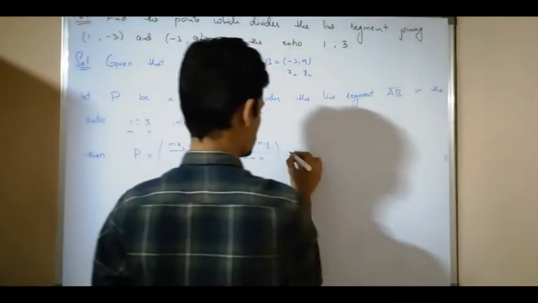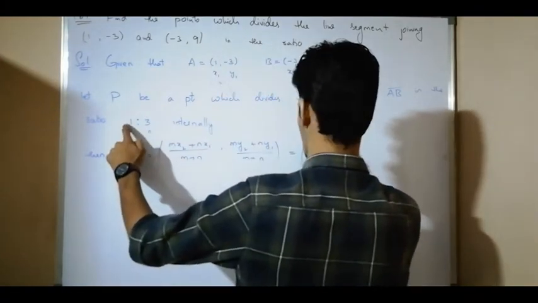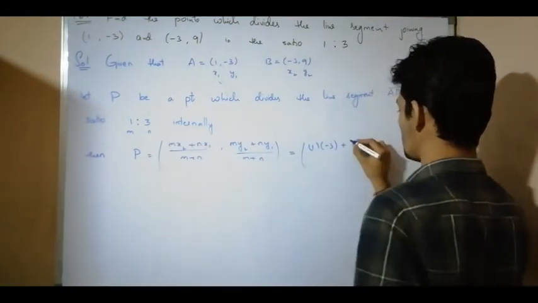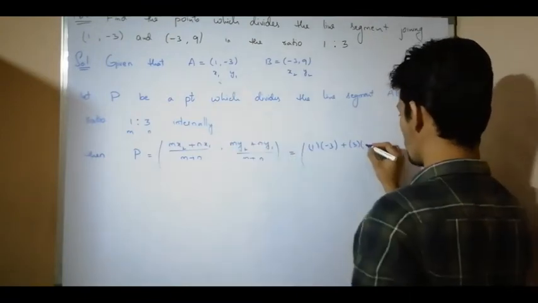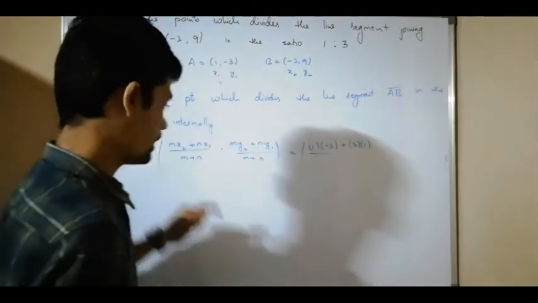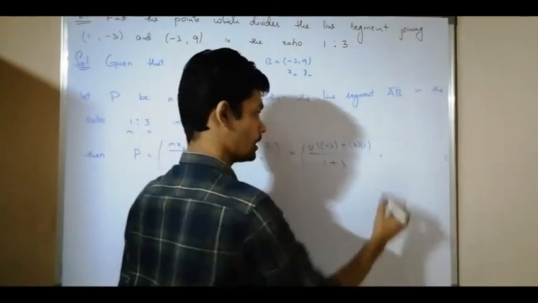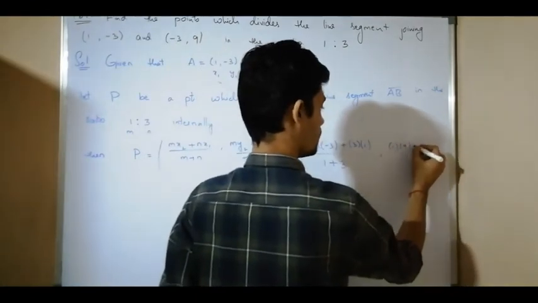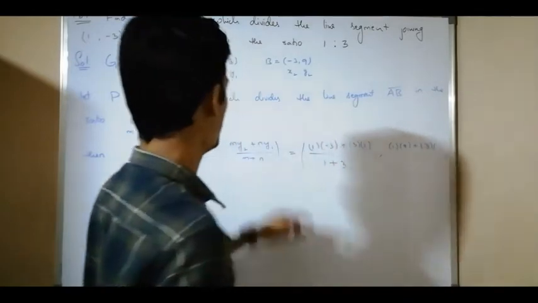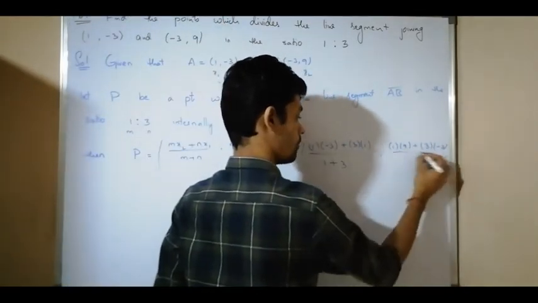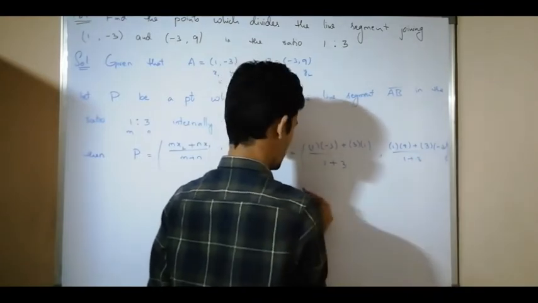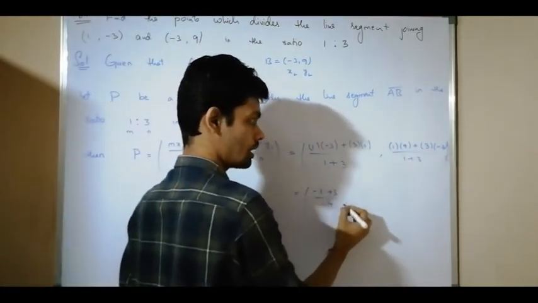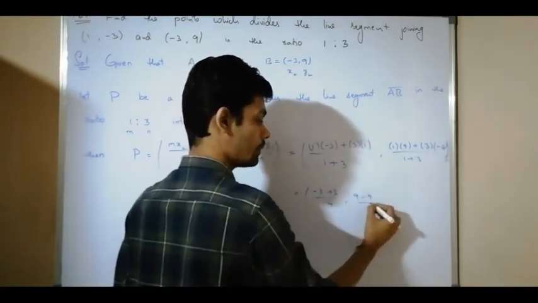Now substitute: m is 1, x2 is minus 3, plus n is 3, x1 is 1, by m plus n, 1 plus 3, comma m is 1, y2 is 9, plus n is 3, y1 is minus 3, by 1 plus 3, which is equal to (minus 3 plus 3 by 4, comma 9 minus 9 by 4).